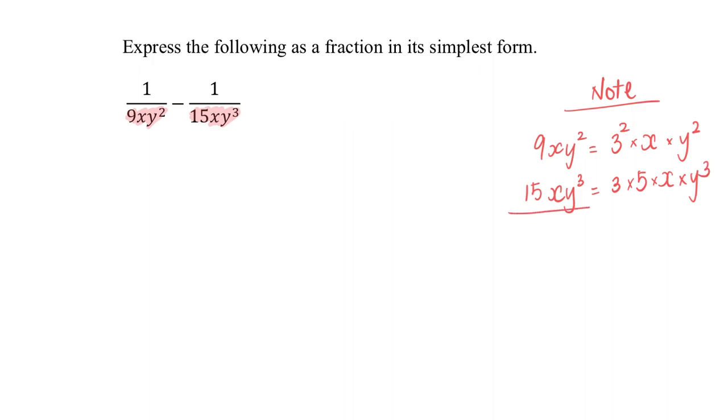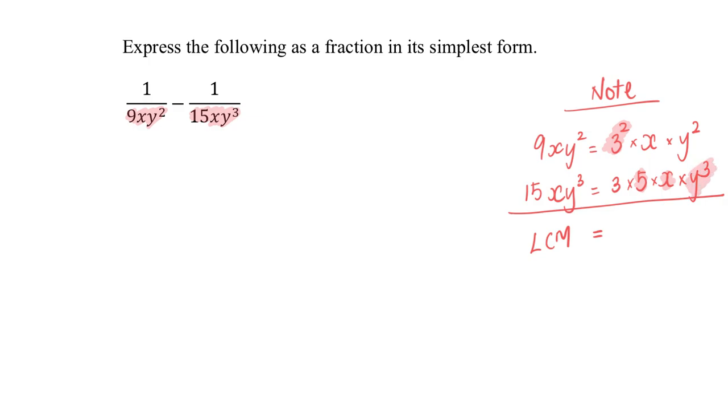The reason I'm doing this is because I'm trying to find the lowest common multiple, and by breaking the coefficients into their prime numbers, it makes things easier because I know for the lowest common multiple I just need to make sure that I select the prime factors with the higher power. So if the power is the same, it does not matter which one I select.